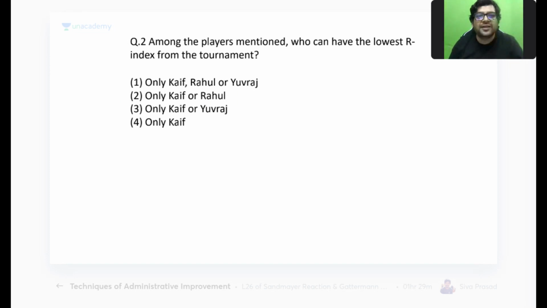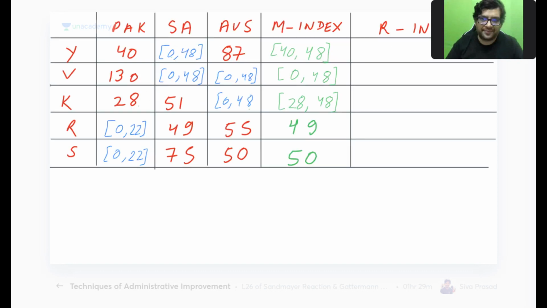Who can have the lowest R index? Okay, so which means the smallest range. Now, if my goal is to have the lowest R index, that means the minimum range. So if I want the minimum range, that will come in when I have 87 minus 40 or 47 is the minimum range that you can have.